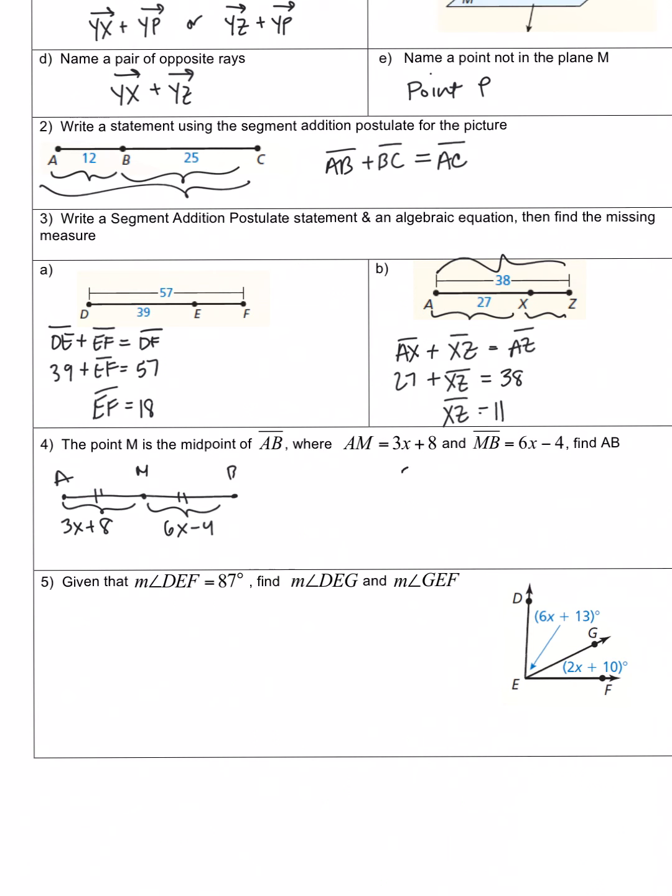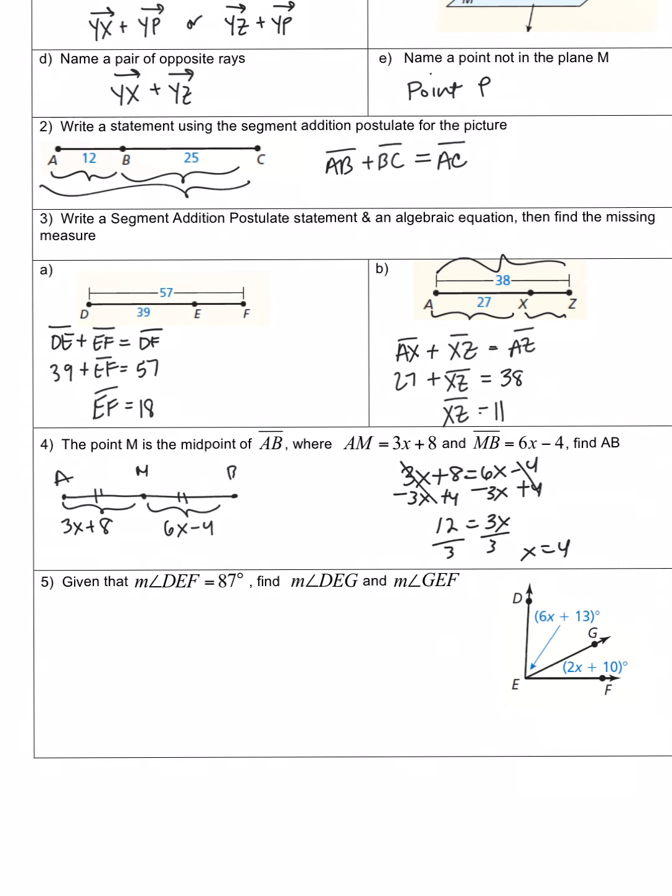So let's do this. 3x plus 8 equals 6x minus 4. Subtract 3x from both sides. I can also add 4 to both sides. I get 12 equals 3x. Divide by 3, x equals 4.